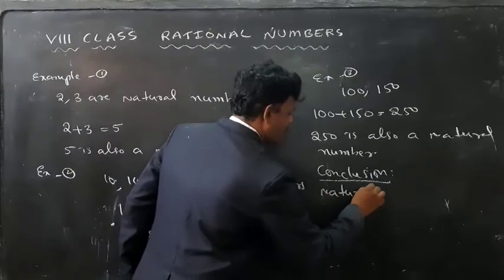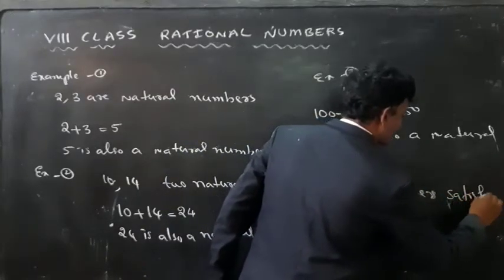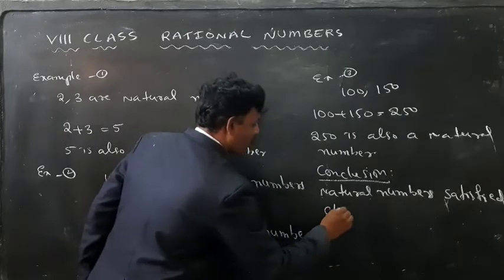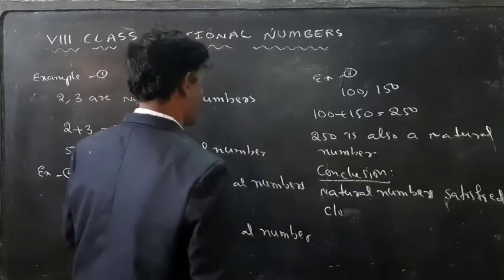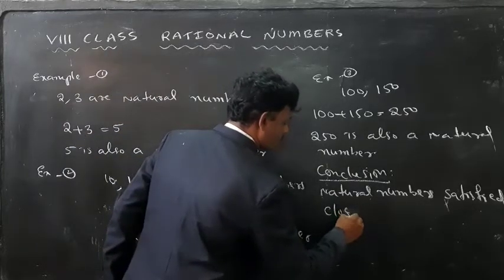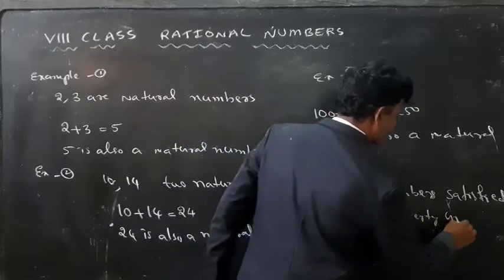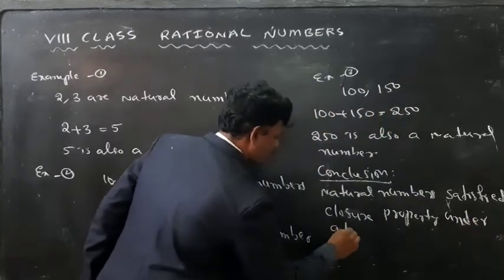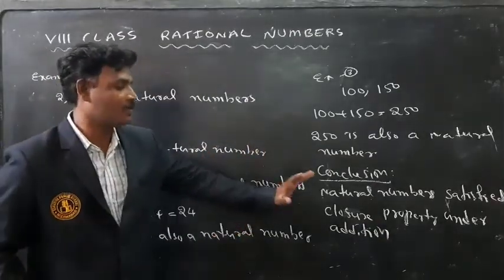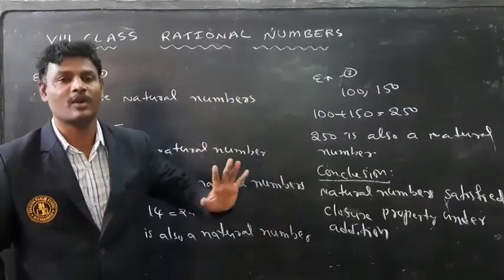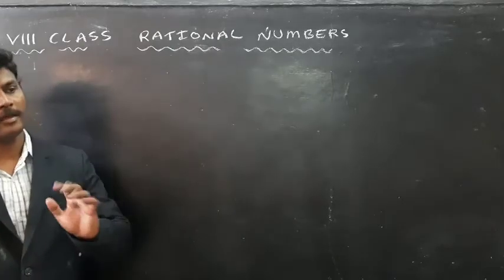Natural numbers satisfy the closure property under addition. So now I am going to check the closure property for whole numbers.